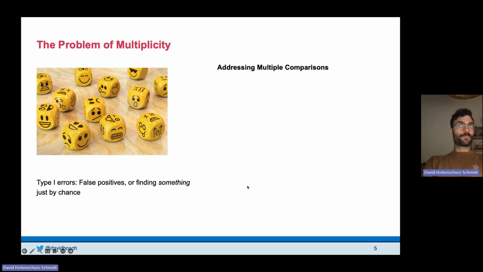Well, what can we do about it? We can address the issue of multiple comparisons. Sometimes you do have to run multiple tests, but the best way of addressing multiple comparisons is avoiding multiple testing. So ideally, the way this is done is by declaring beforehand what your primary outcome measure is and what the planned statistical analysis is before you actually collect data, or at least before you start analyzing, really looking at the data.